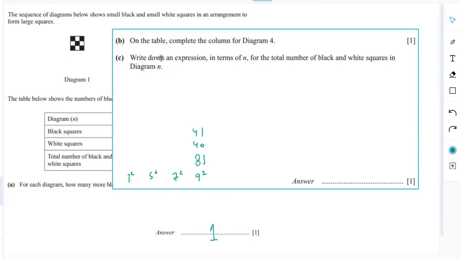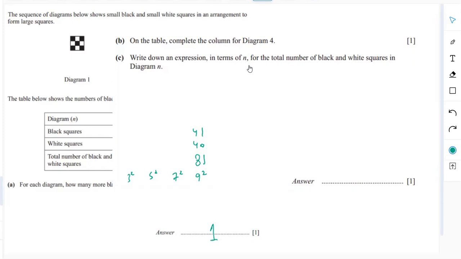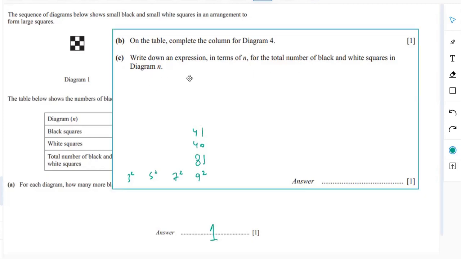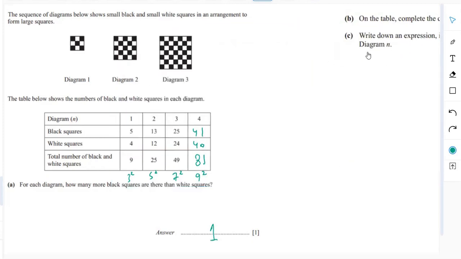It says write down an expression in terms of n for the total number of black and white squares in diagram n. Achha. So let's do that now. Total number of black and white squares in diagram n, इसकी अब आपको एक expression लिखनी है, ठीक है?